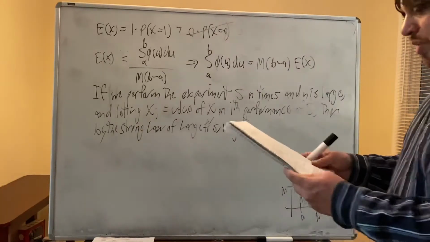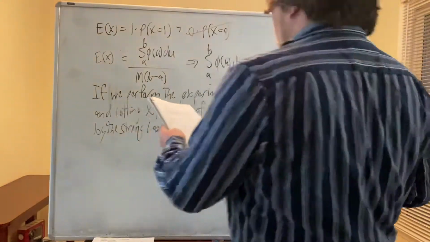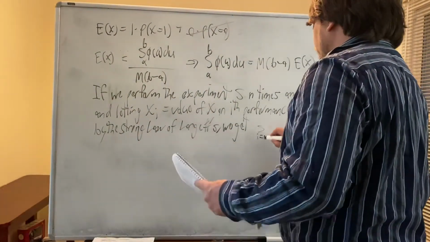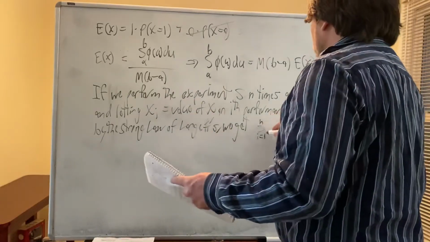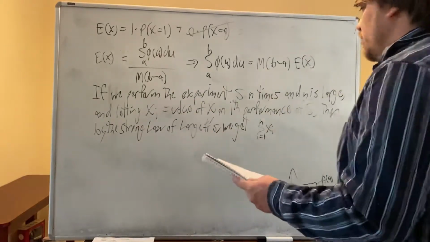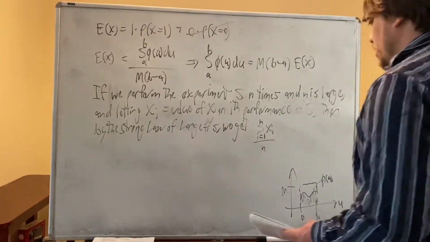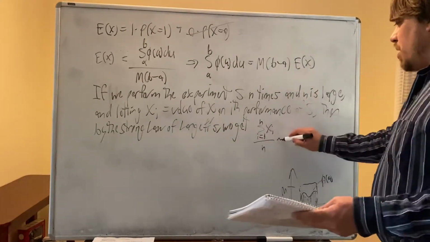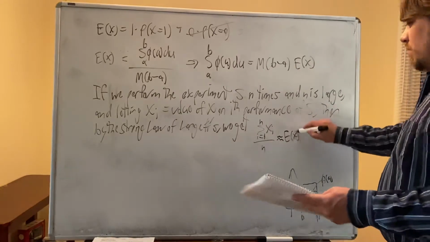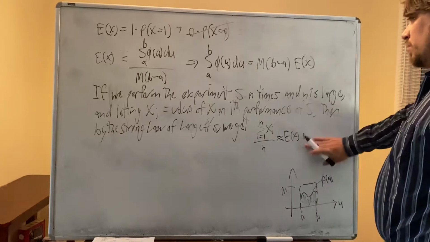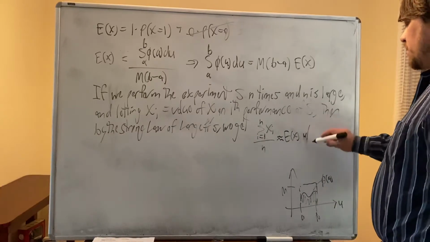Then by the strong law of large numbers, what we should get is that if we add up the values of x in all the performances of the experiment and divide by n, the number of times we perform the experiment, that should be approximately E of x with great probability.